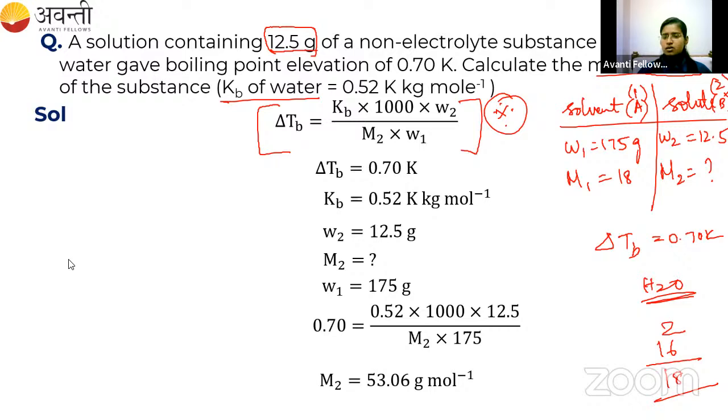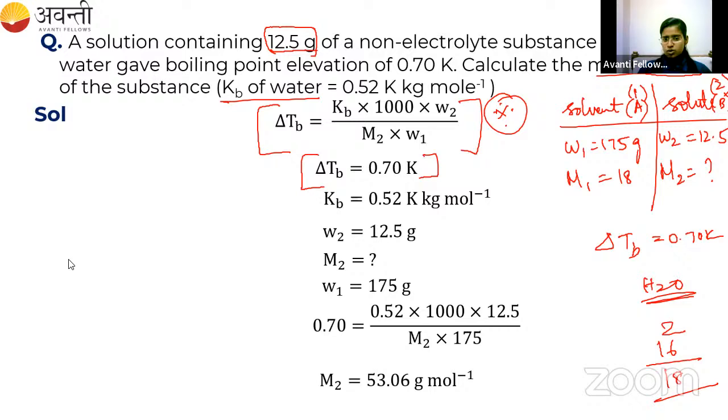So, what is the first colligative property? Relative lowering of vapor pressure. There we have studied one formula, and in elevation of boiling point, we have studied two formulas. One is to find out the molar mass and the other one is to find out the delta TB. Here in this question, delta TB is given.